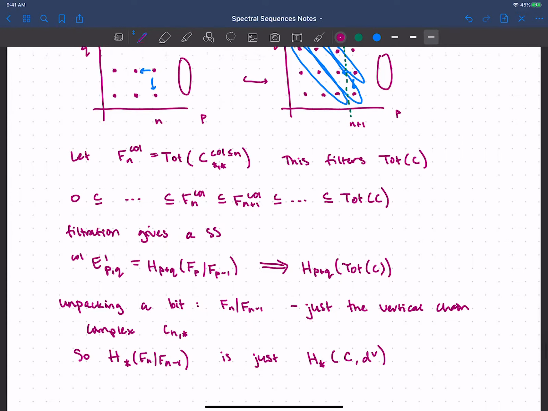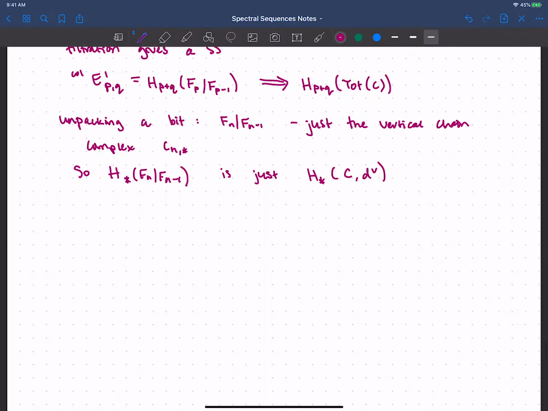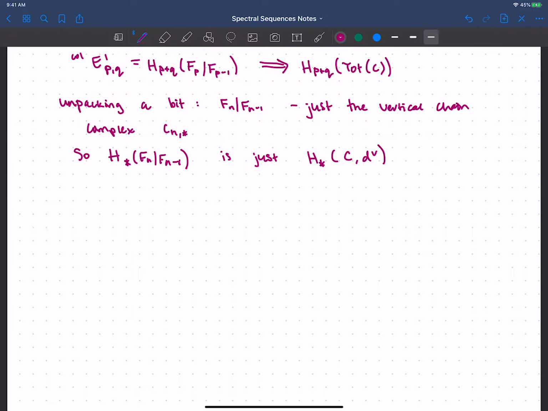What's nice about that is, what am I trying to say? In the spectral sequence, we had some filtration, but what we really had was a nice E2 page. And what this is telling me is that I can actually backtrack and get a nice E0 page, which is kind of a different way to go.